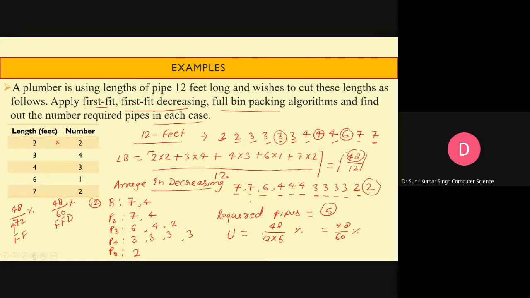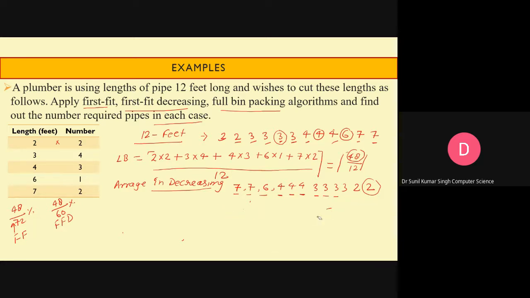Now apply the full bin packing. In the full bin packing algorithm, what we have to do is arrange the items considering the capacity of the pipe.